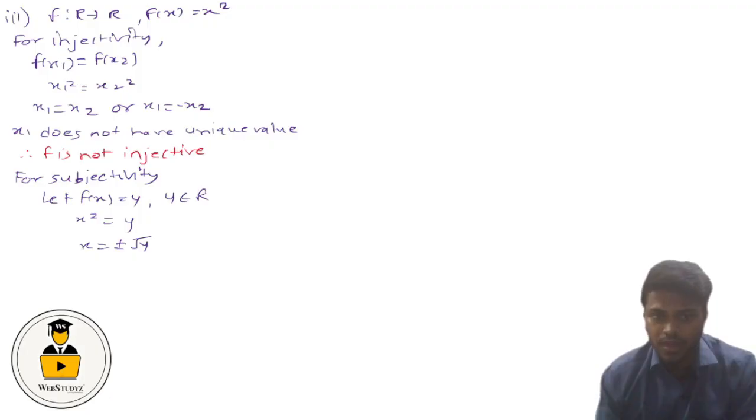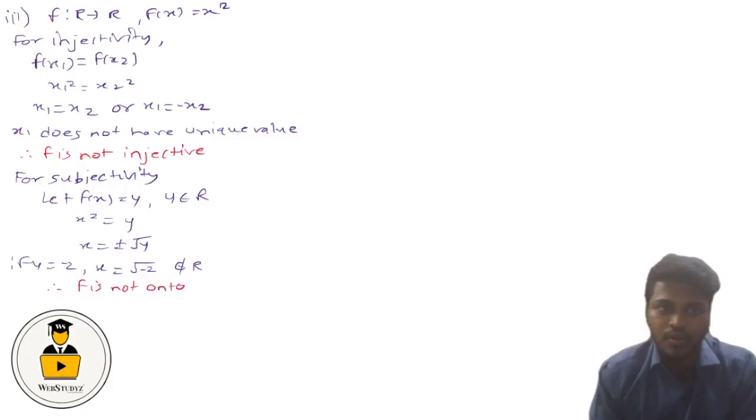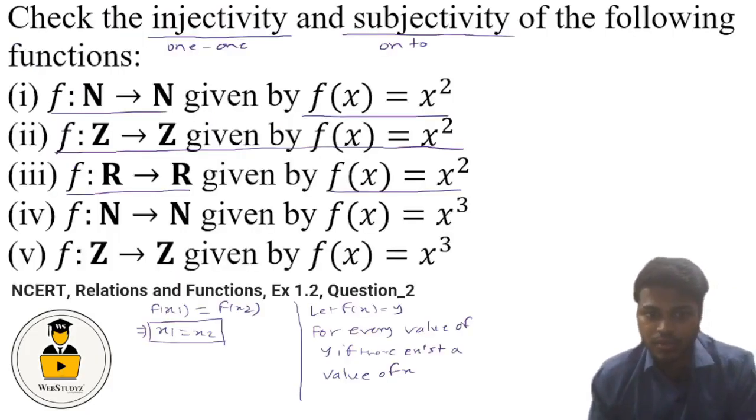So if we take y to be negative, our x will be root of minus 2, and root of minus 2 is not a real number. This does not belong to real numbers. So therefore f is not an onto function.